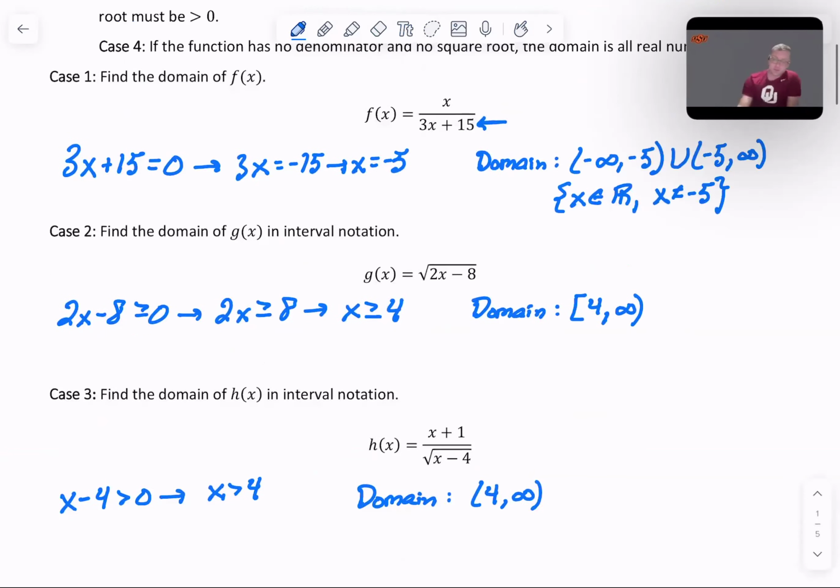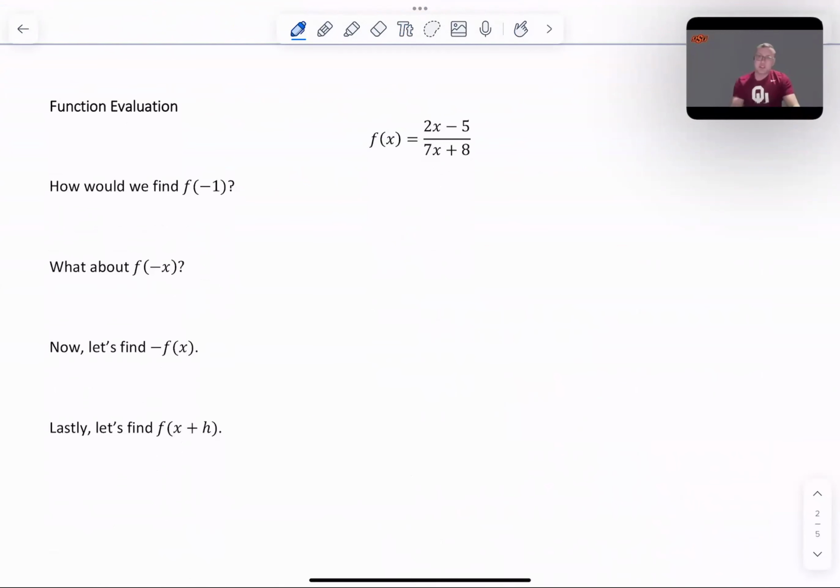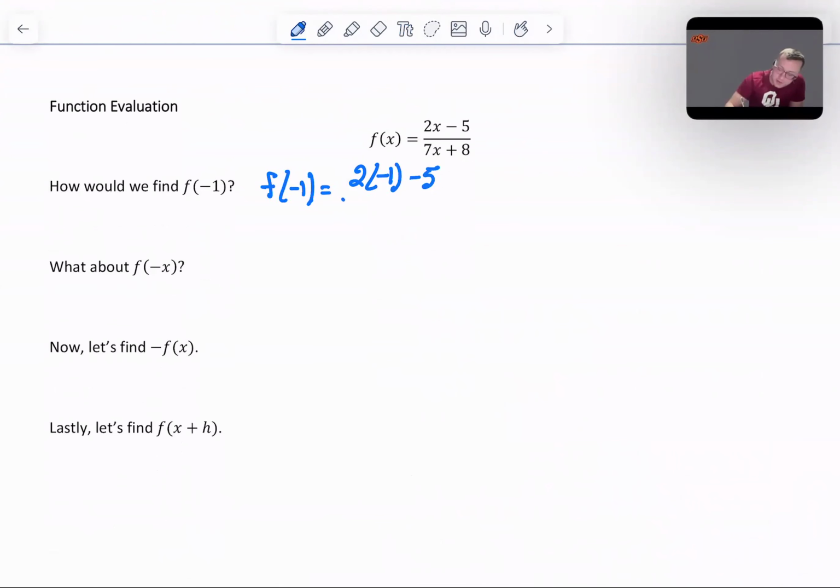So all we're doing here is just plugging in numbers to the function. So here, how do we find f of minus 1? All you do is plug in minus 1. So let's do this. F of minus 1 is 2 times minus 1 minus 5 divided by 7 times minus 1 plus 8.